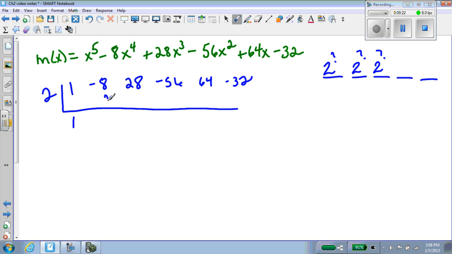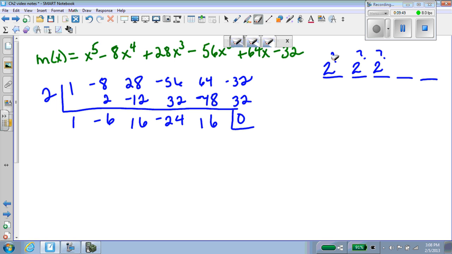So 1, 2, negative 6, negative 12, 16, 32, negative 24, negative 48, 6, 16, 32, 0. So one of them is good. And I did see that cubic look, so I'm going to try and layer in another 2.